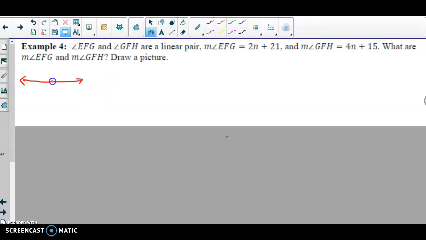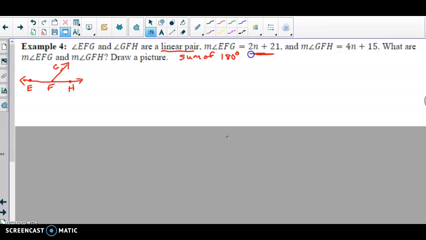So just start with a little line here, and then make two angles out of it. Put a ray somewhere in the middle and go out like this. Okay? Well, if we want to label points on there so we can name them, one of them was E, F, G, and the other one was G, F, and then I can put H out here. And those are my two angles. Those two measurements are going to add up to 180. They have the sum of 180 degrees.